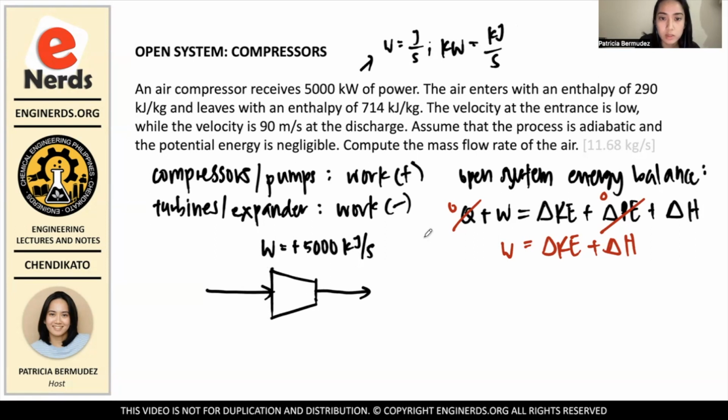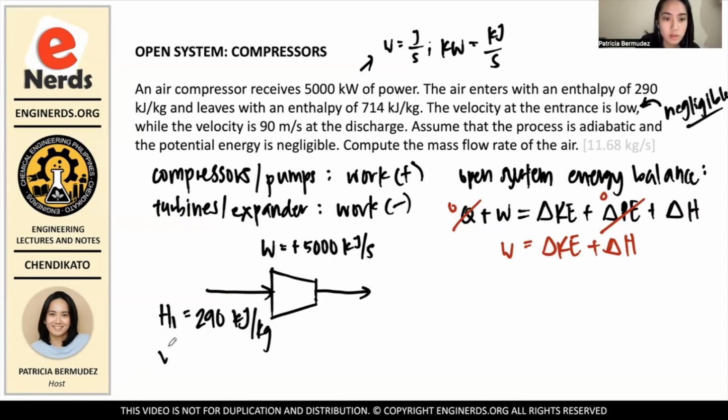Wala tayong heat, so now we're just gonna write the enthalpy at the entrance. And enthalpy, we can indicate H1 for that, and it'll be 290 kilojoules per kilogram. And then velocity at the entrance is low. Kapag ganyan na walang value na binigay, you can just assume that it is negligible. Okay?